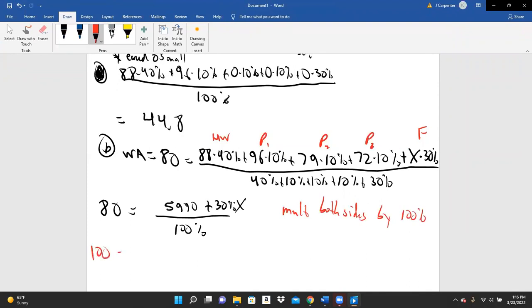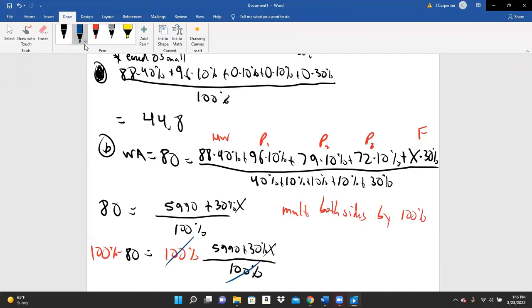So 100 on the left, 100 on the right, times the 80 equals, and then times that entire fraction, 59.90 plus 30% of X, all over the 100%. And that's because things top and bottom cancel. That's why we do that step.